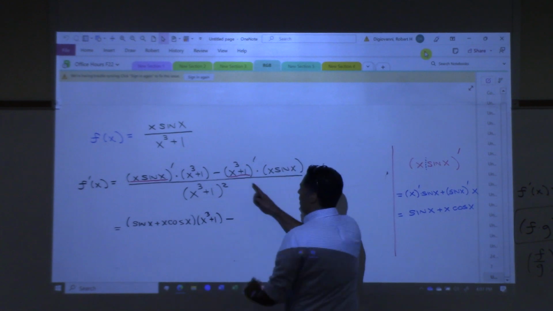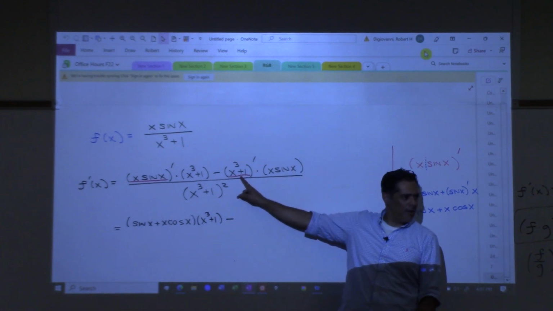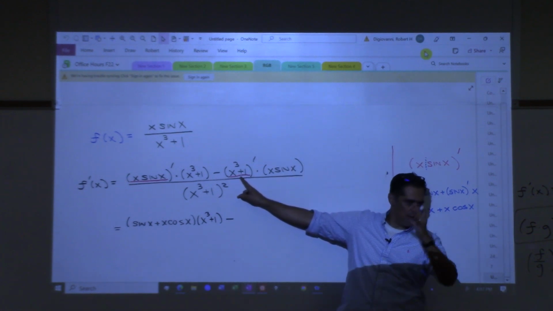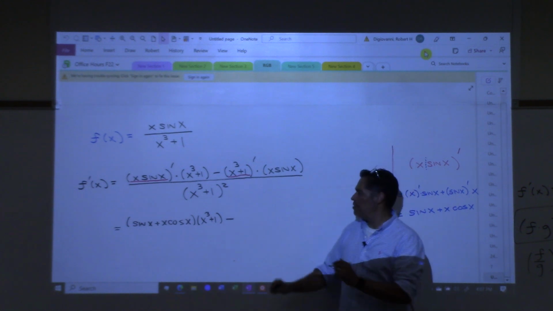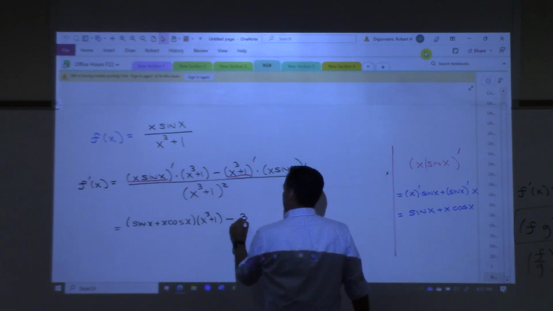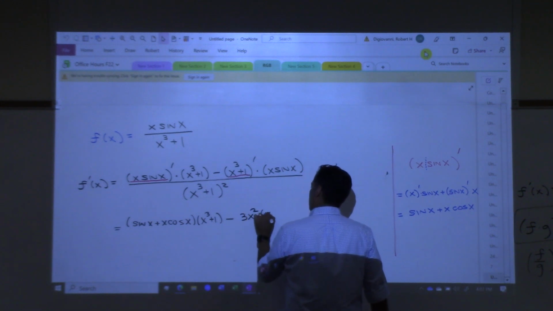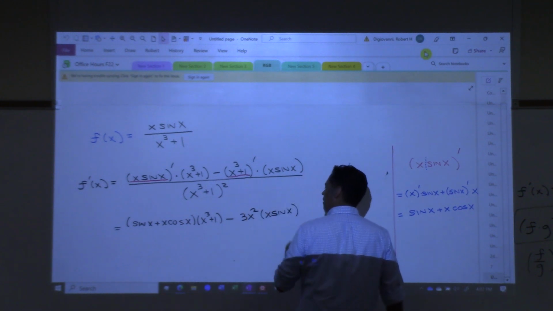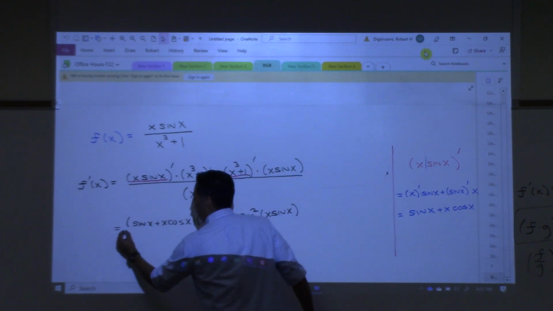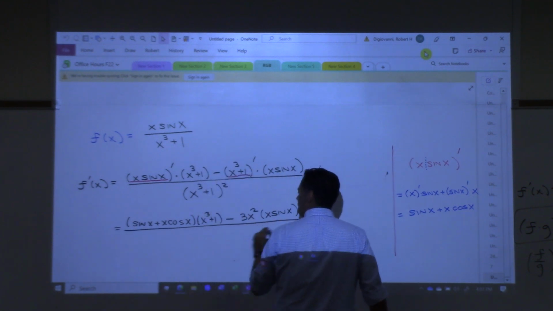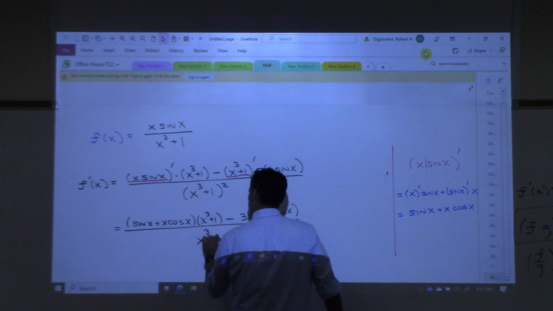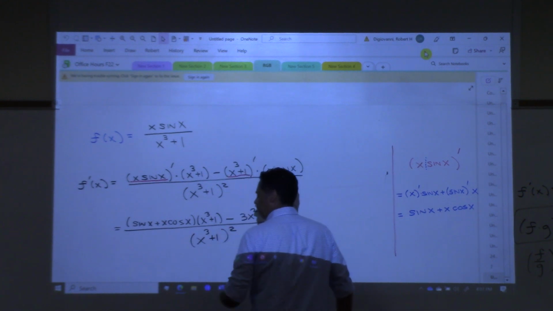Minus, now this derivative we had said we don't need to really work on. We can just see it and not have to do product rule or anything, right? So the derivative of that was what? 3x squared. And then I still have times the x sine x. And then all of this divided by the x cubed plus 1 squared.